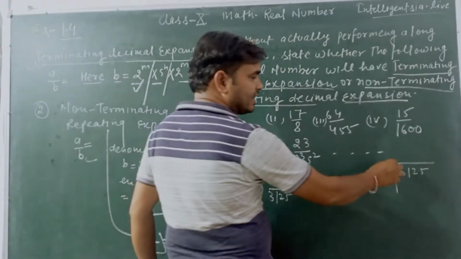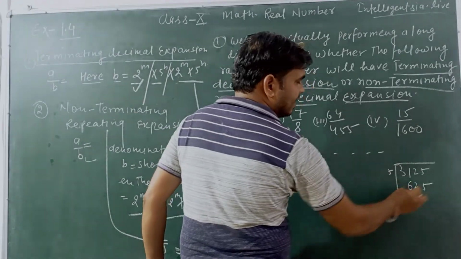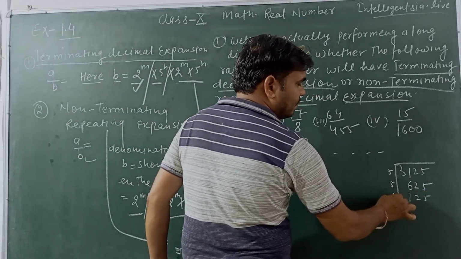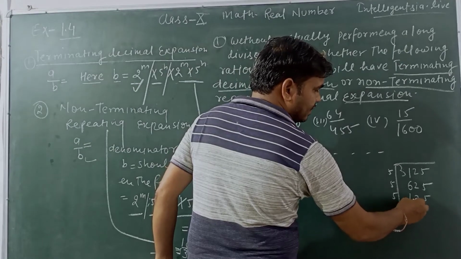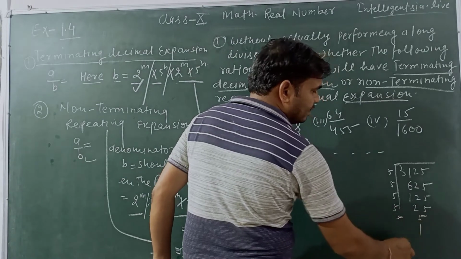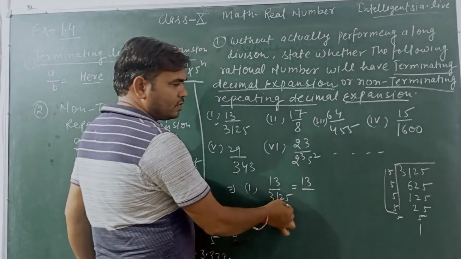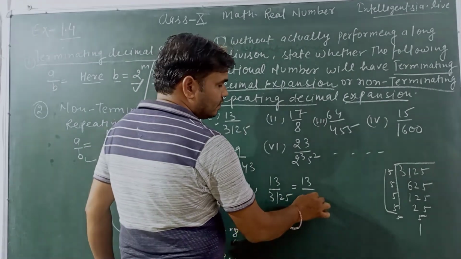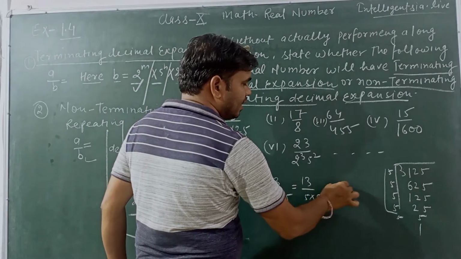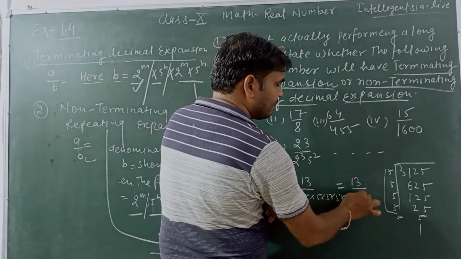Let's see the factors of 3125: 5, 5, 5, 5, 5. The factorization of 3125 is 5 multiplied by 5 multiplied by 5 multiplied by 5 multiplied by 5. It means 13 over 5 to the power 5.